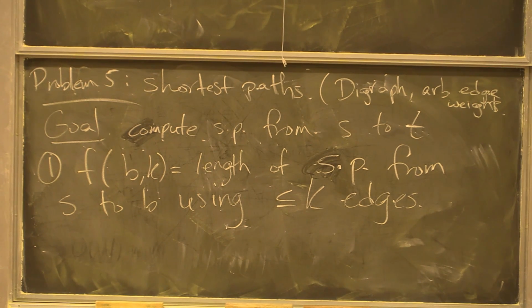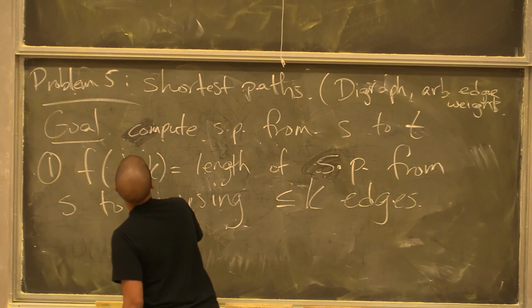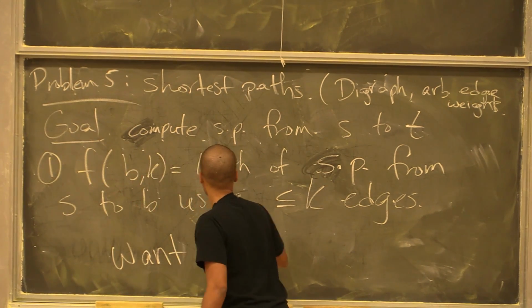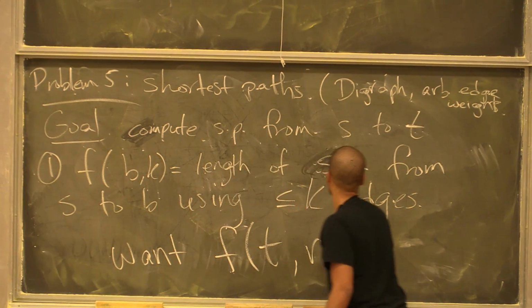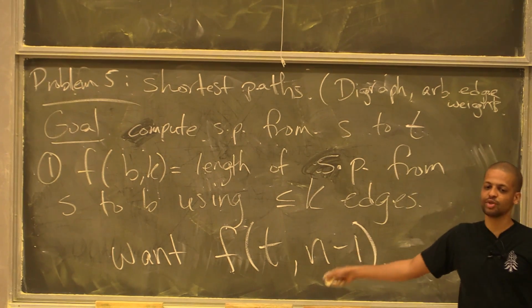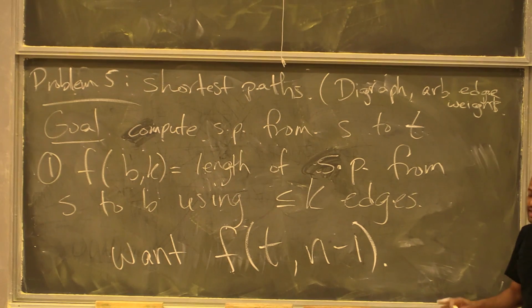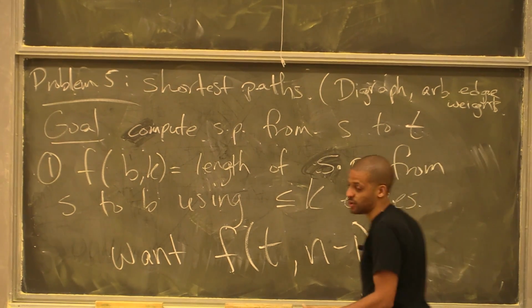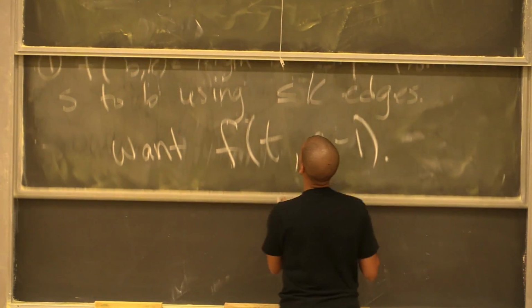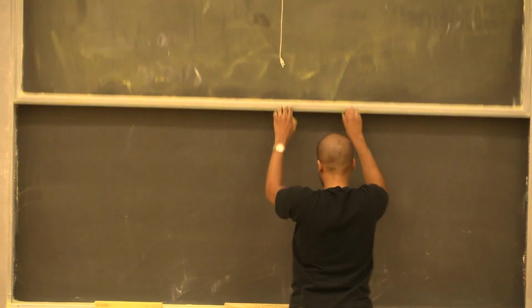Okay? So you never need to consider paths that have more than n minus 1 edges if the graph has no negative cycles. So what I want is f of t, n minus 1. This is the length of the shortest path that uses at most n minus 1 edges. Not exactly n minus 1 edges, because the shortest path might use fewer edges than that. And I can write down a recursion.